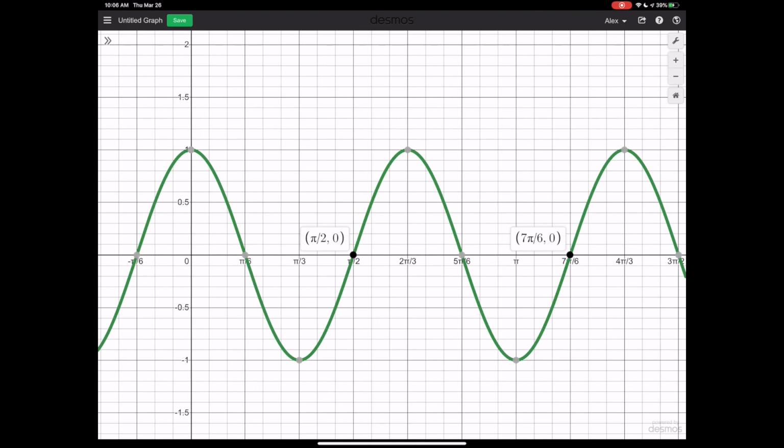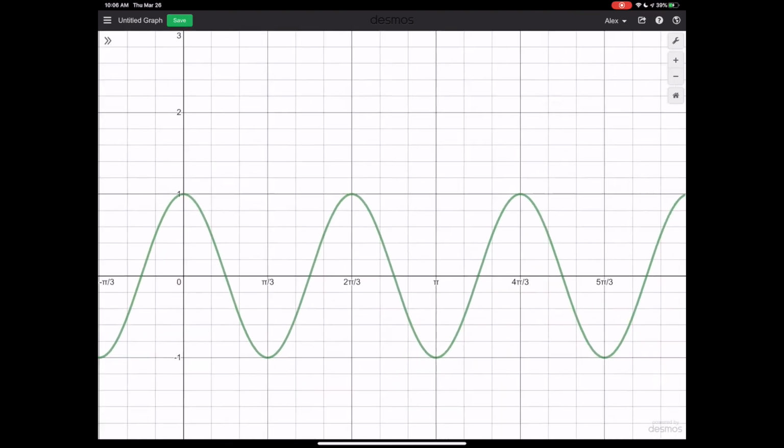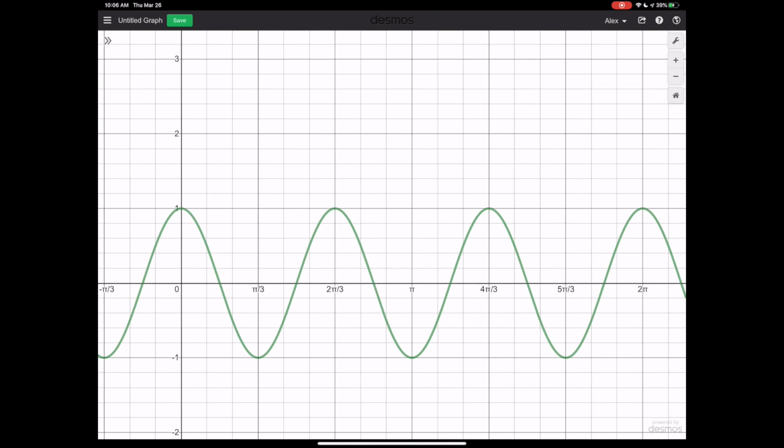Now, if I zoom out, though, to where I can see 2 pi, count the number of cycles we would have, count the number of crests, maximums, that we have by the time we get to 2 pi. Well, I get 1, 2, 3, and remember 3 was my angular frequency, which is how many cycles I should get within 2 pi. So this matches the definitions that we got before. It matches what I want in the problem.